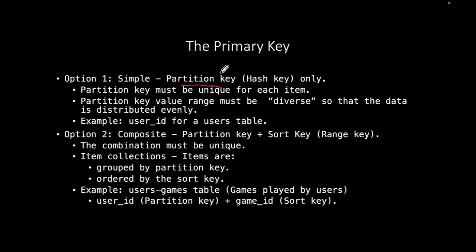I haven't told you yet, though, what the role of the partition key is. But the primary key, when it is of this simple type, must be unique, obviously. And also we would say that the partition key must be a unique value within the table.